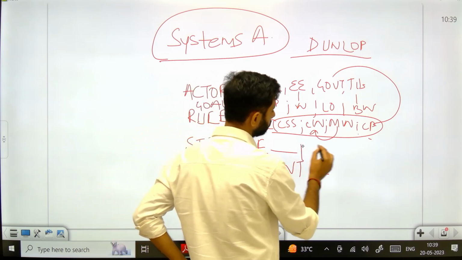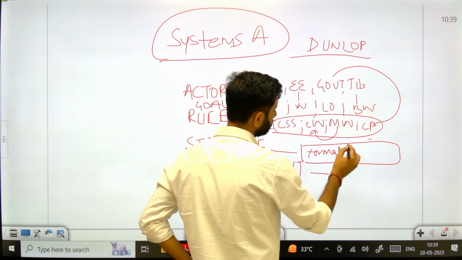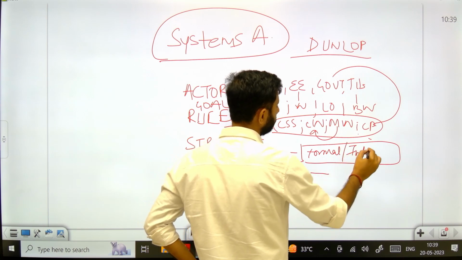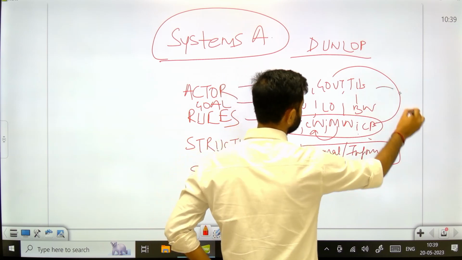Structure means formal and informal structure between these actors.